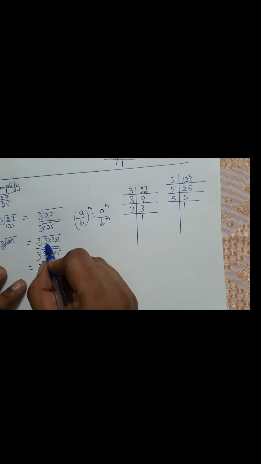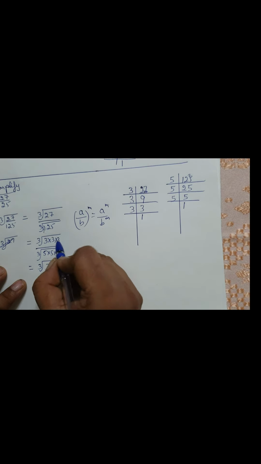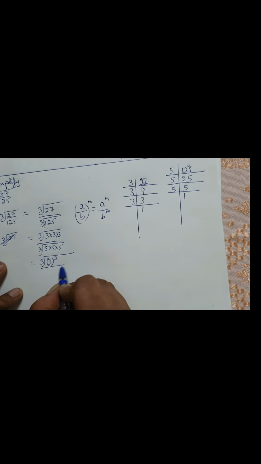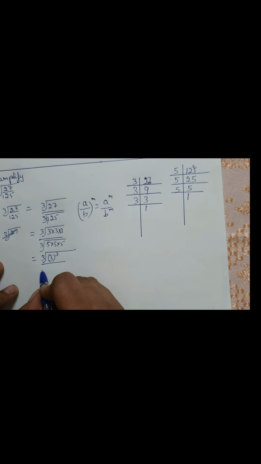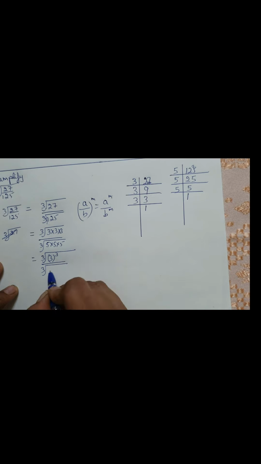Now children, we have to write again this cube root, this radical sign. How many times are 3's there? 1 2 3. So put the bracket and write this cube: 3 cube upon, again cube root, and how many times 5? 1 2 3. So 5 cube.